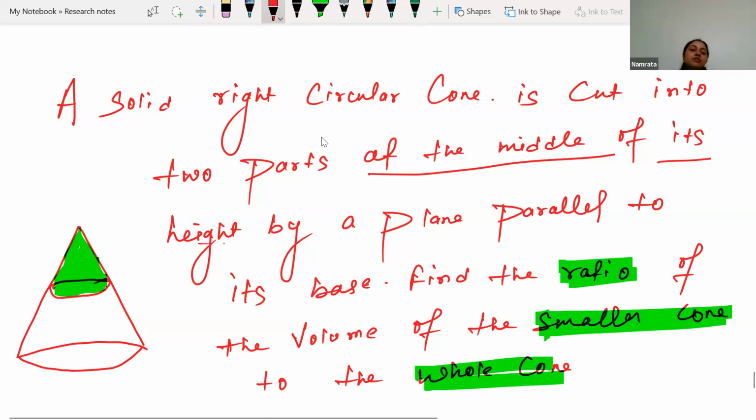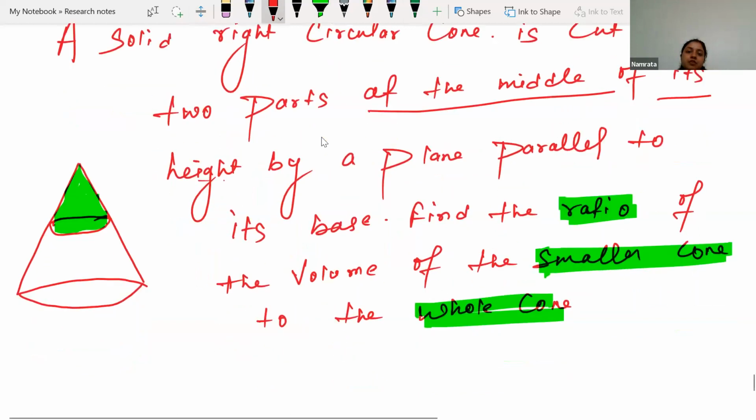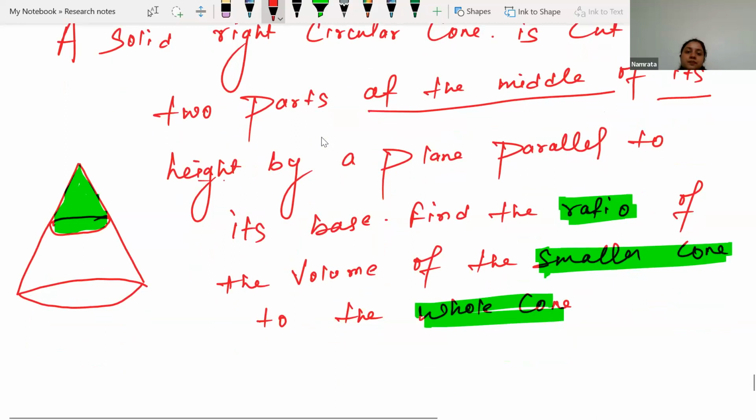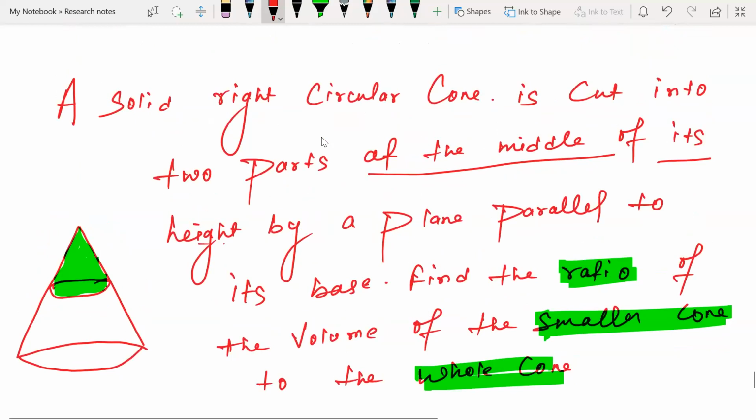What's the volume formula for a cone? First thing first. The volume of the cone is 1 by 3 pi r square h.